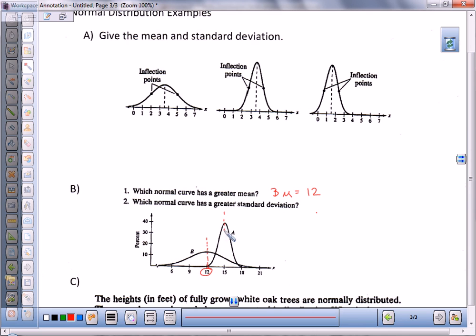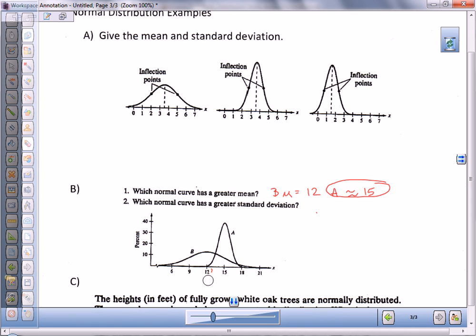And if we look at the highest point on A, it looks like the mean of A is approximately 15. So which one has the greater mean? A does. Now, which one has the greater standard deviation? Well, if we look at this one, everything is closer to the mean. B, it's spread further apart, so B has the greater standard deviation.